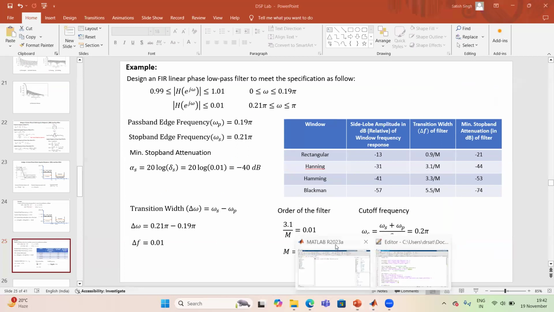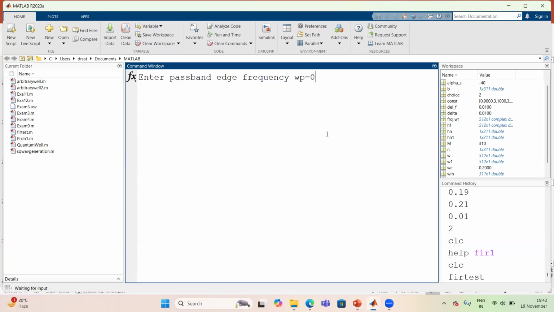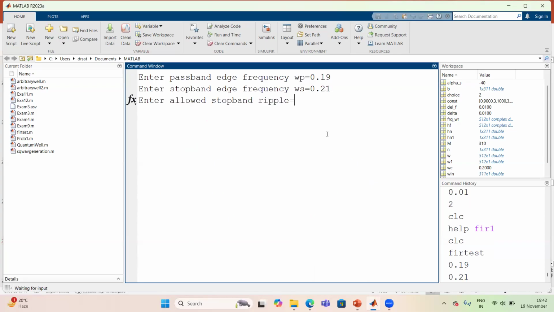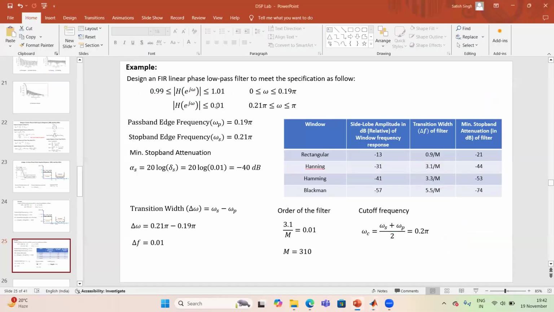I will make it 0.19. Then Ws is 0.21, and then it is asking you to enter the allowed stopband ripple. That stopband ripple is 0.01, so we have to enter that.